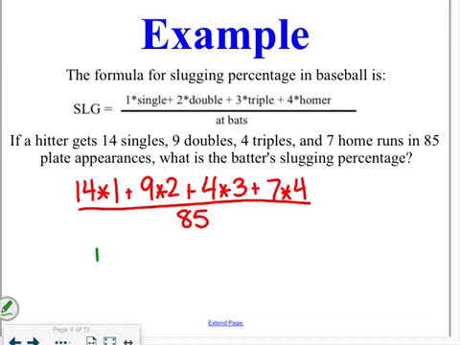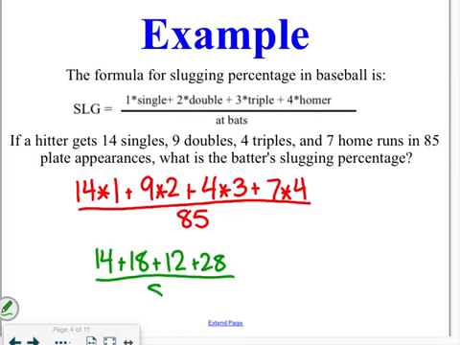Simplifying that down, 14 for the singles, plus 18 for the doubles, 12 for the triples, and 28 for the home runs, divided by our 85 plate appearances, gives us 72 over 85, or a slugging percentage of 0.85.